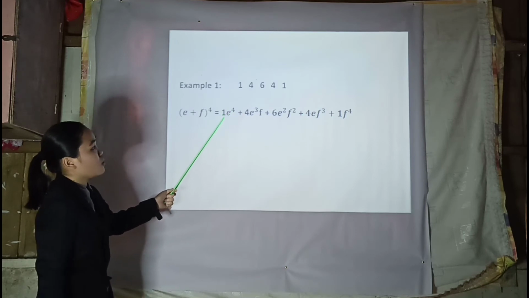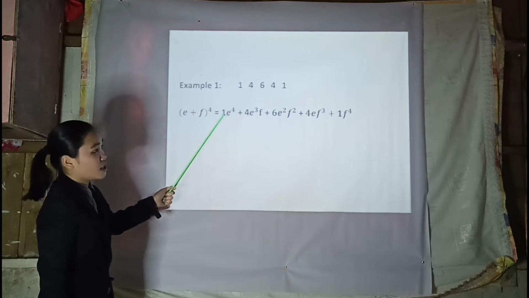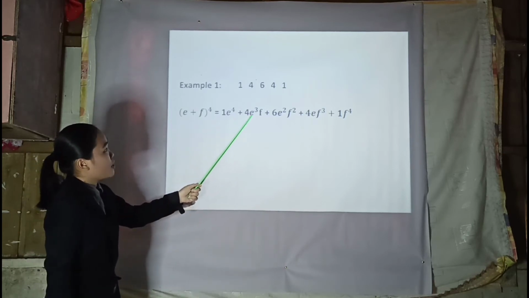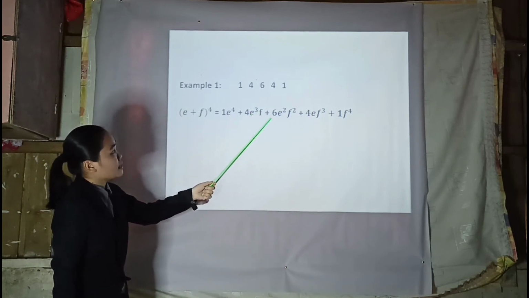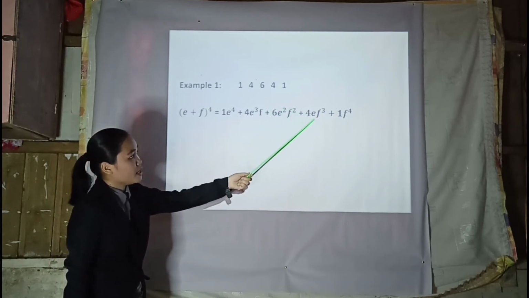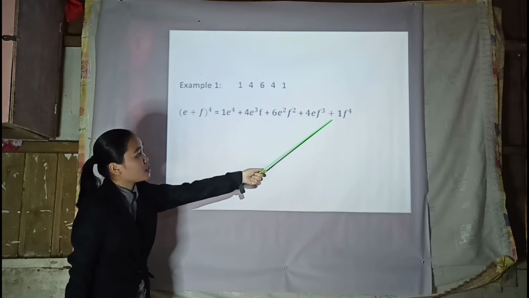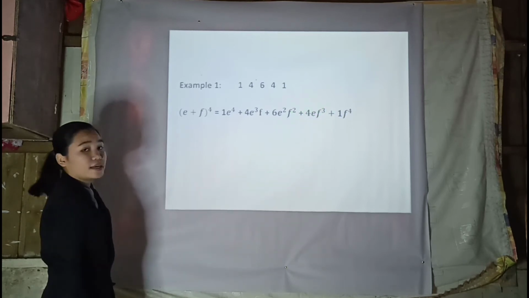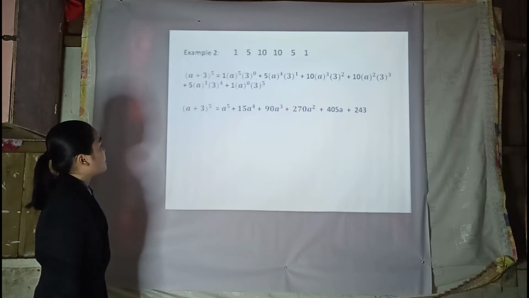We will no longer state the 1 because it is understood, plus 4e cubed f plus 6e squared f squared plus 4e f cubed plus f raised to 4. Okay, next example.